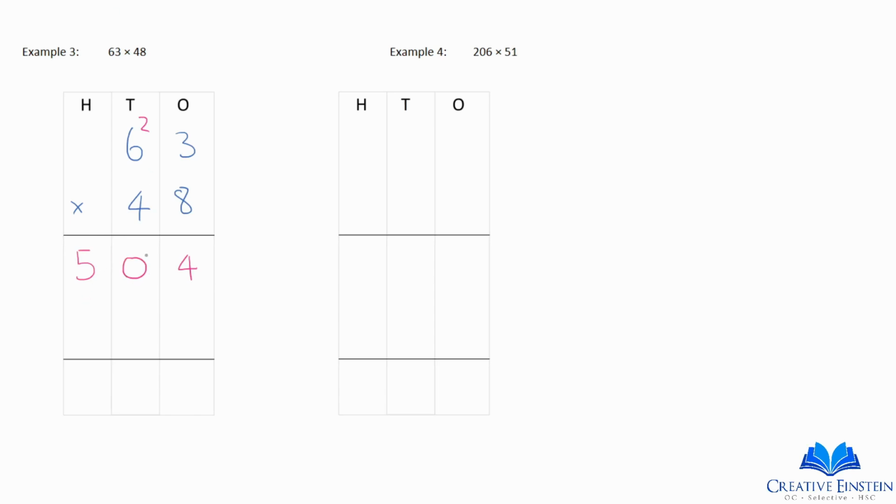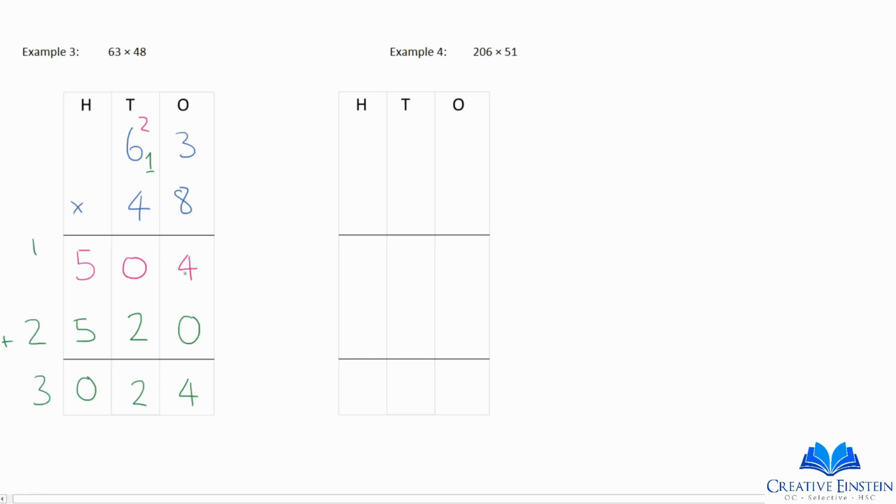Now the next thing I'm doing is putting down the 0 straight away, before I forget. 4 times 3 is 12, putting 1 down here. 4 times 6 is 24, plus 1 gives me 25. So now I'm going to add the bottom numbers. 4 plus 0 is 4, 0 plus 2 is 2, 5 plus 5 is 10, so I carry over the 1. 2 plus 1 is 3, so 63 times 48 is 3024.